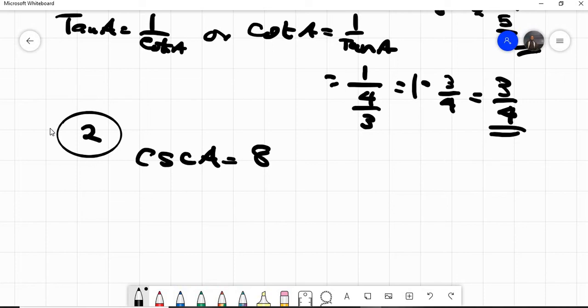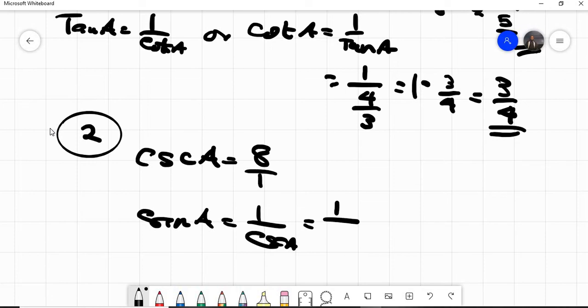As a fraction, we know it's 1 over something. So sine A is 1 over cosec A, which is 1 over 8 over 1, which is 1 times 1 over 8.